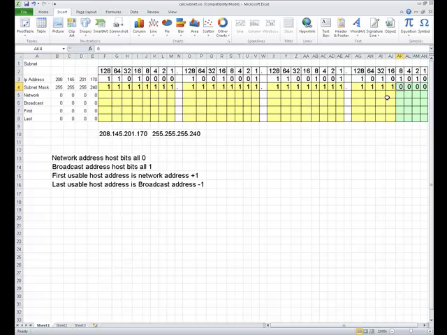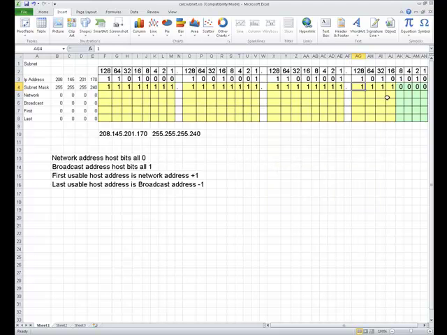Using the 2 to the n minus 2, with 4 bits, 2, 4, 8, 16 minus 2, would give us 14 usable hosts on each of the usable networks. Same thing on the subnet ID. We have 4 bits, 2, 4, 8, 16 minus 2, because we can't use the all zeros and we can't use the all ones, 14 usable subnets.